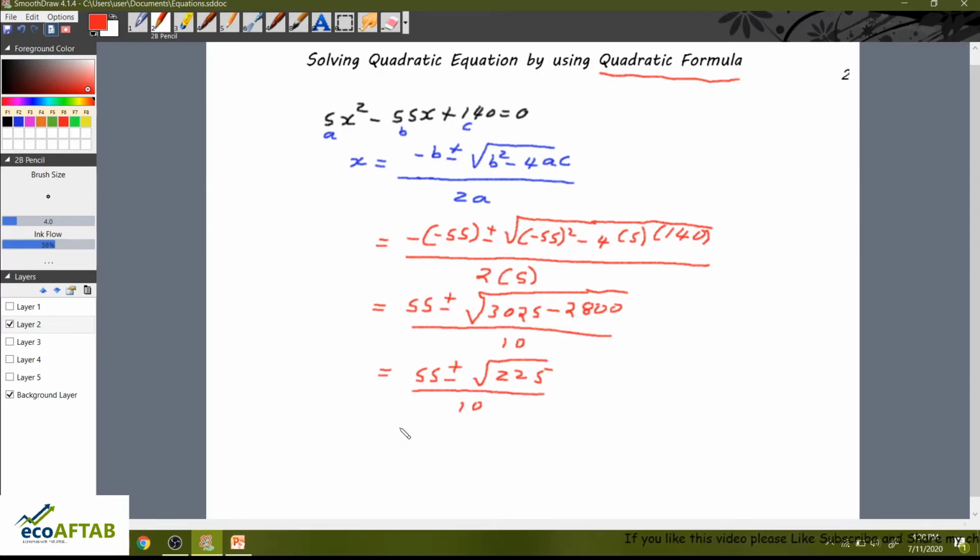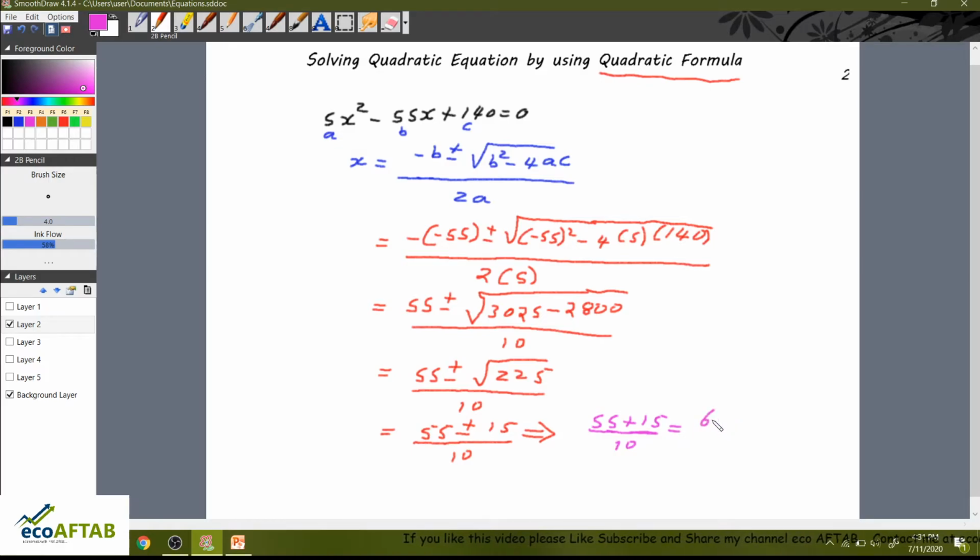This we can write as 55 plus or minus 15 divided by 10. So friends, we will get two things, that is 55 plus 15 divided by 10, that is equal to 65.